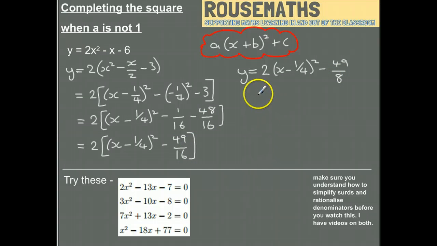Now if I then go on to solve this and make it equal to 0, I'm now going to solve it. We can add on 49 over 8 to both sides.